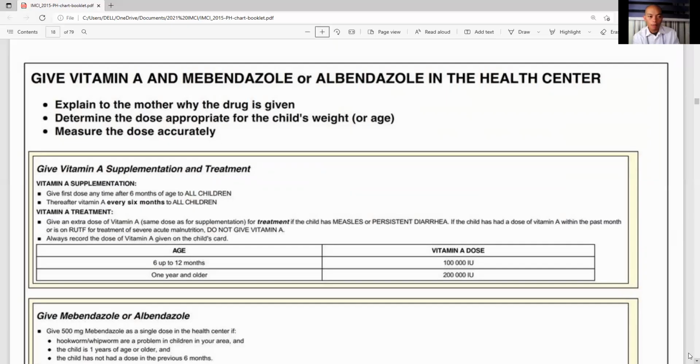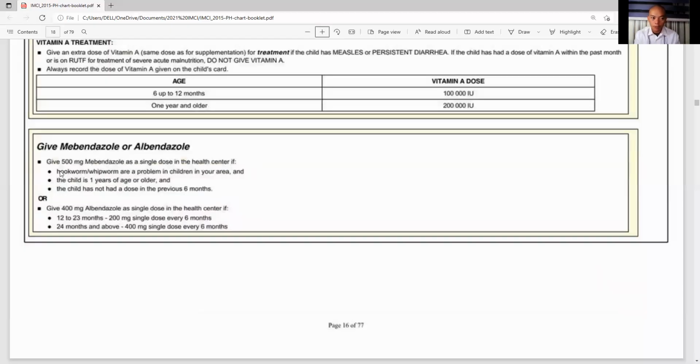And in terms of our nutritional assessment, the IMCI says that there is possibility that your child has worms. Okay, may bulati po yung anak niyo. Kaya tayo magbibigay ng vitamin A and anti-parasitic medications. Okay, mebendazole, albendazole. Treatment is here. Okay, and the dose is here for vitamin A. Worm, hookworm. Okay, so yan yung mga ibibigay natin.